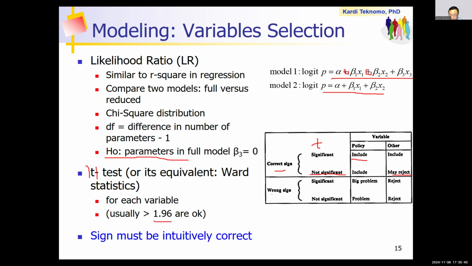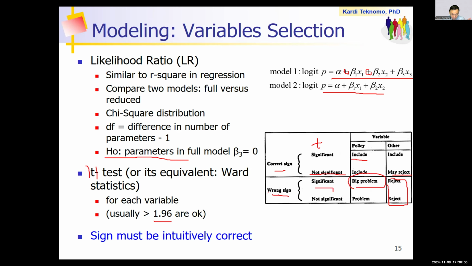But when the sign is wrong, then you have a problem. So if they are not policy variables, simply you reject. But when they are policy variables, they have the wrong sign and the t-test is significant, then you are in a big problem.